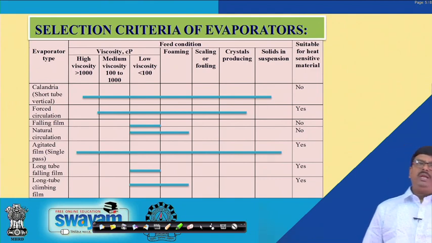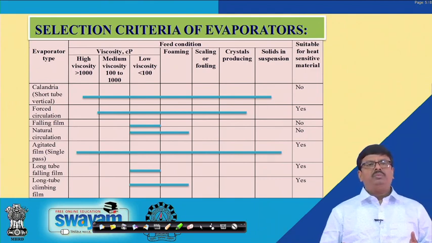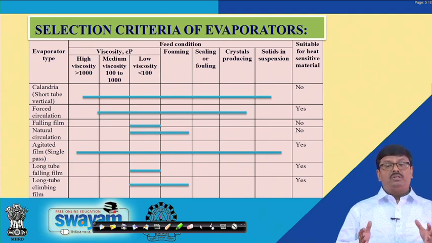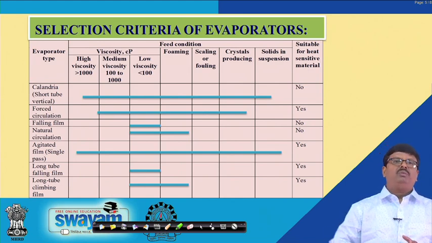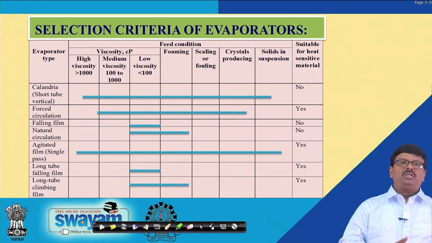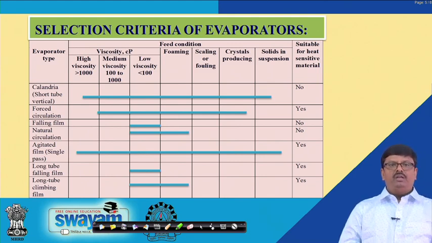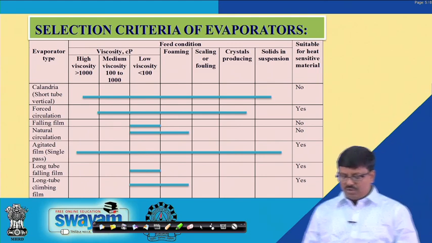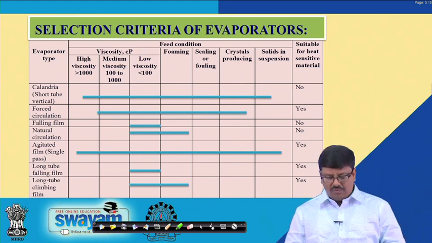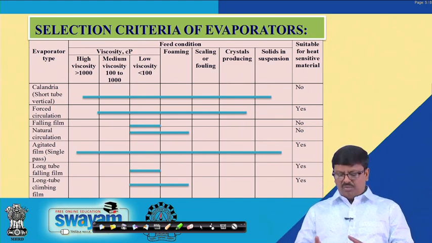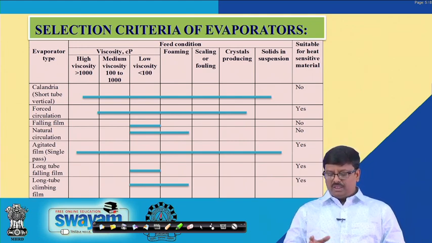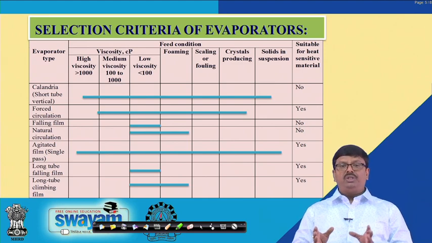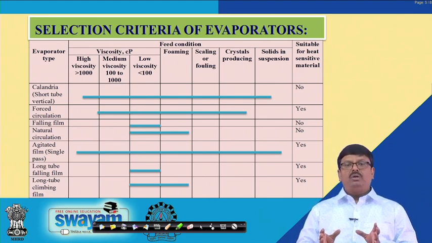Now, this is a very important thing for an engineer: what are the different criteria, what are the different important points that we need to consider for an evaporator to be selected for its specific application in the chemical industries. So, let us have a look at the selection criteria of evaporators. The different points are the feed condition, where viscosity, high viscosity, medium viscosity, low viscosity, these are the 3 different viscosity ranges given, and scaling or dirt decomposition or dirt accumulation.